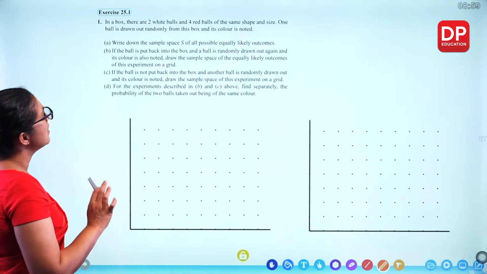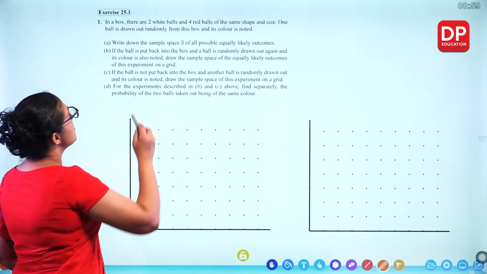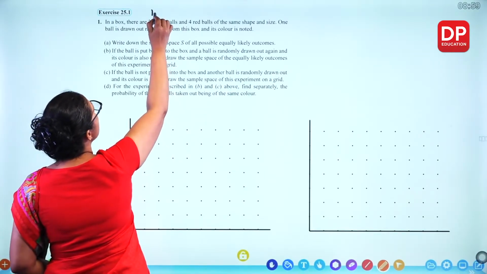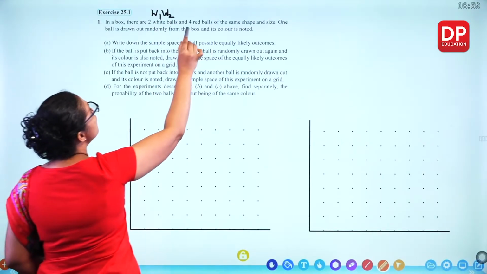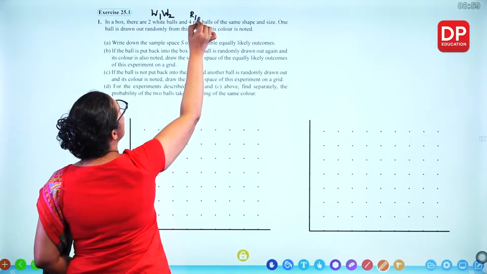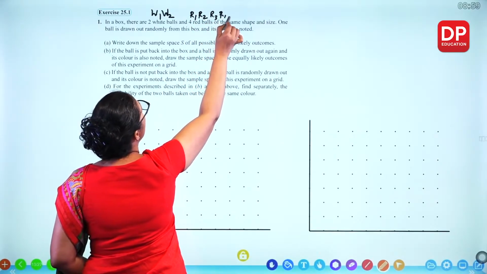So without the diagram, first you need to write down the sample space. 2 white balls, I can take W1, W2. 4 red balls, I can take R1, R2, R3 and R4.